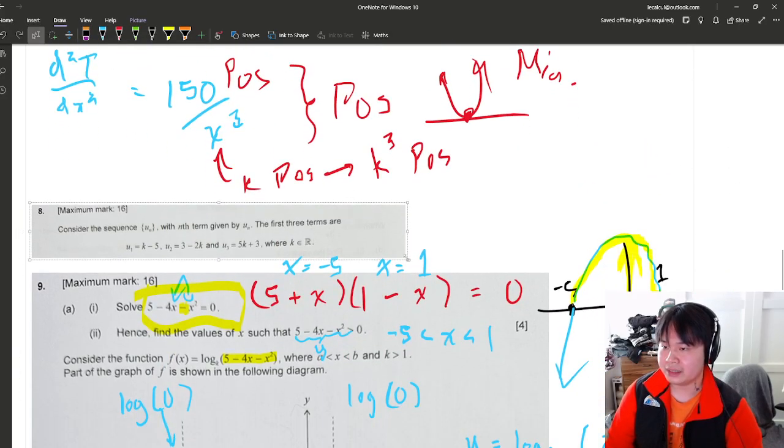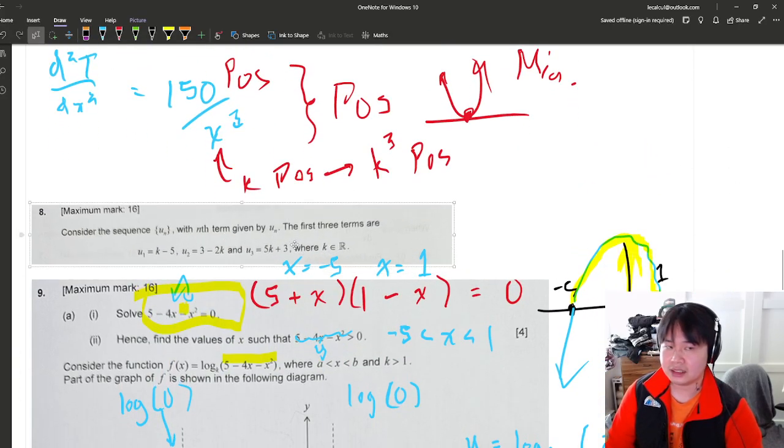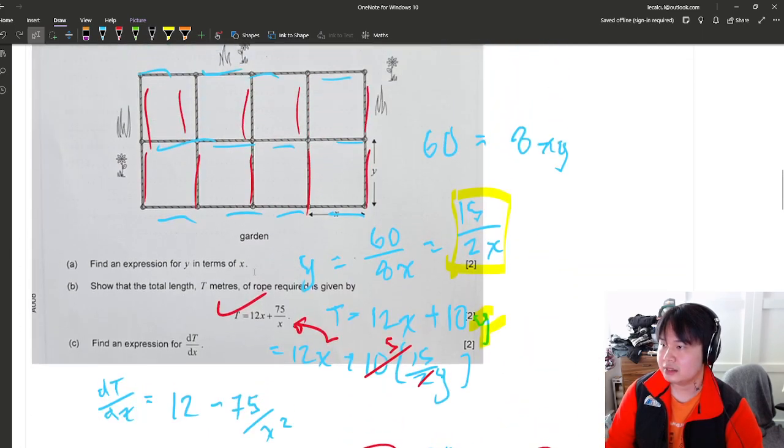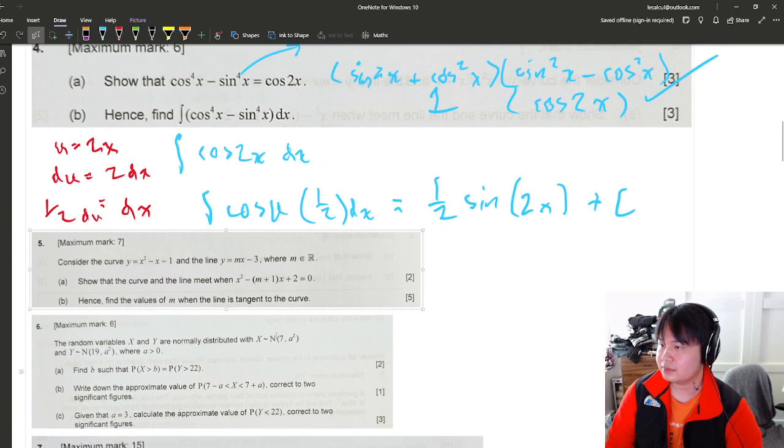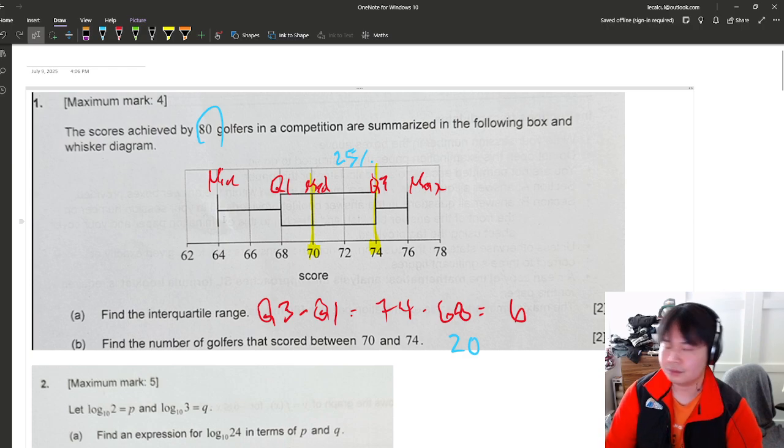This question that I skipped was a little tricky. And then the rest was straightforward. Yeah, somewhere between easy and medium.